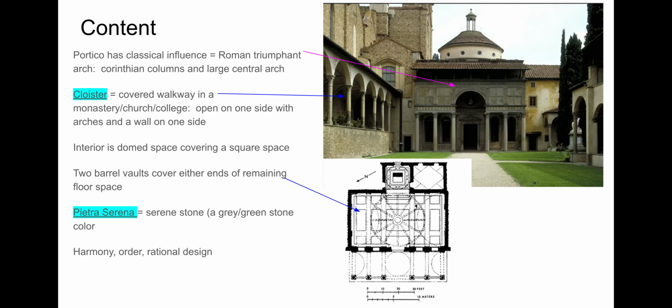The design is going to be united either through shapes or some kind of overriding design principle, and it's usually geometry, giving Brunelleschi's work a very rational, reason, analytical type of approach. It's very ordered, very balanced: harmony, geometry. Those are some of the buzzwords that you want to use for a Brunelleschi piece.